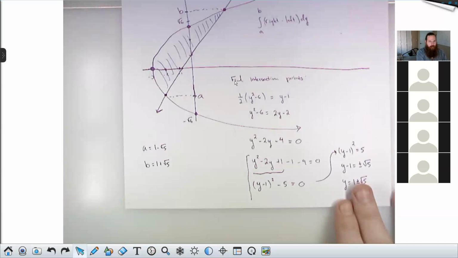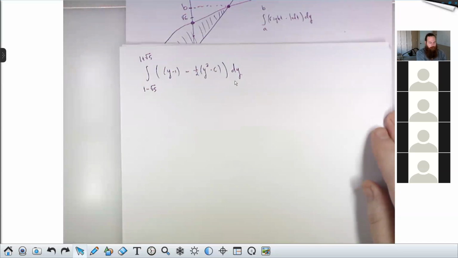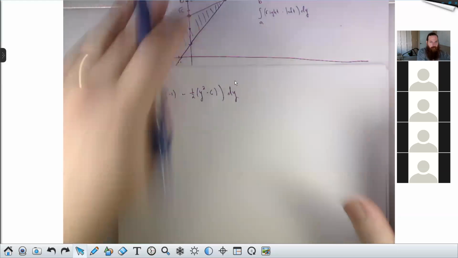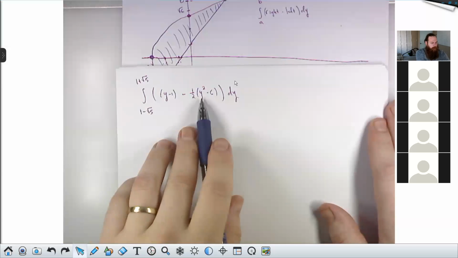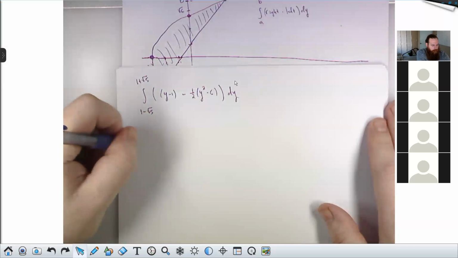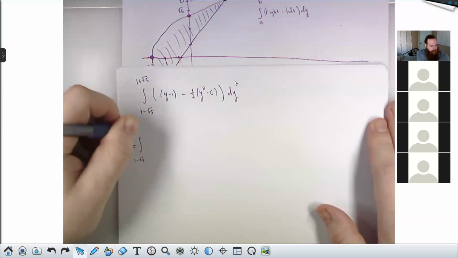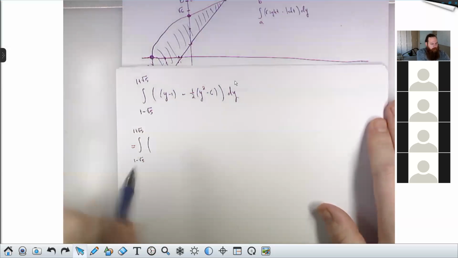I'll try to leave as much of this picture here as I can. All right. We can distribute this and combine like terms. I'll have negative 1/2 y squared.